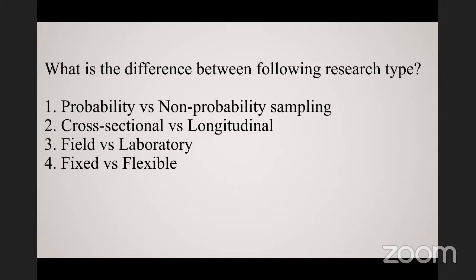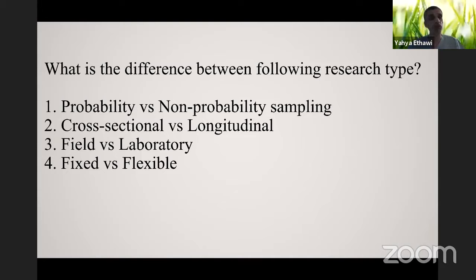We talked last lecture about probability and non-probability sampling. Probability, we have about 4 types of probability: random sampling, systematic, stratified sampling, or Yes. So what is the difference between probability and non-probability? You know, that's the type.